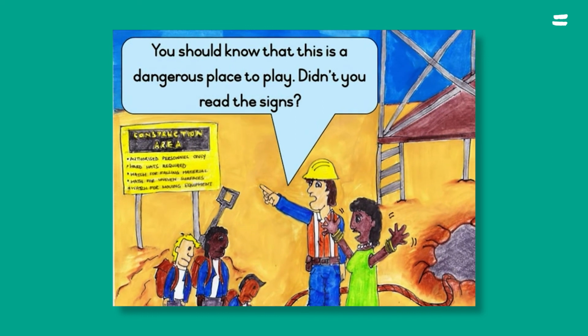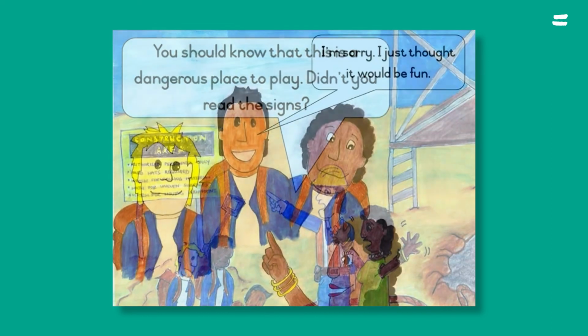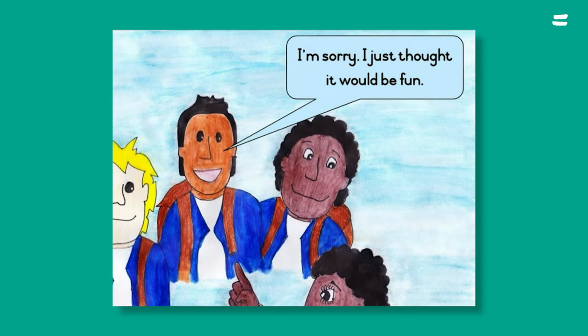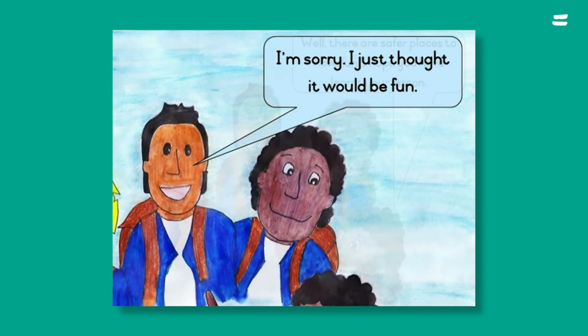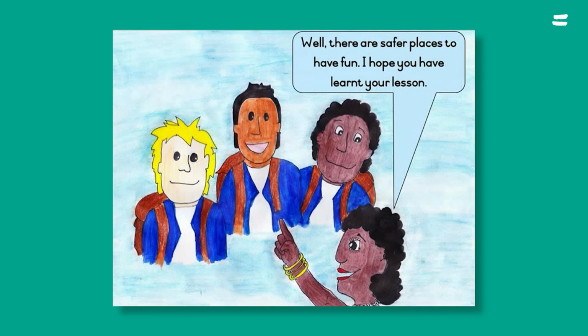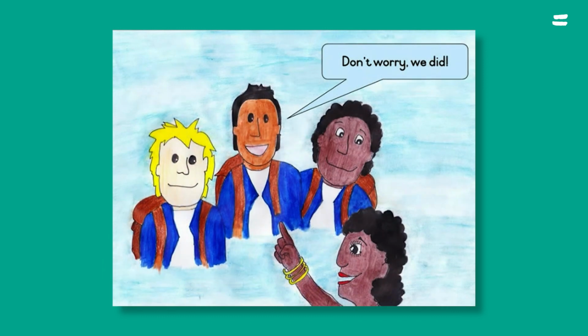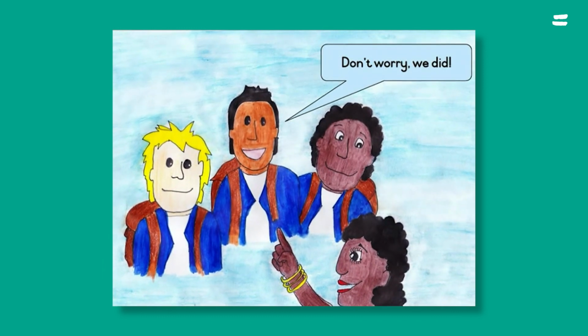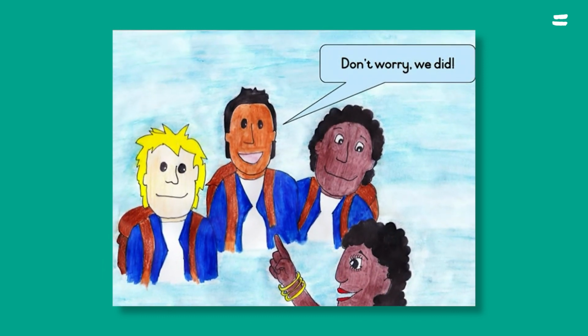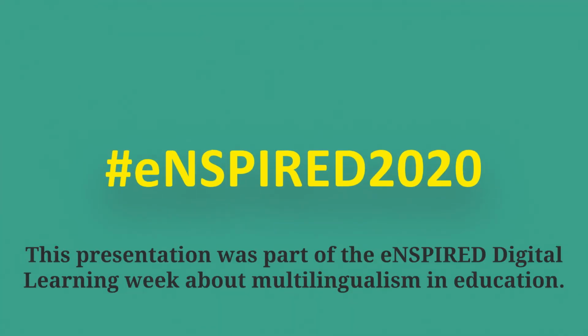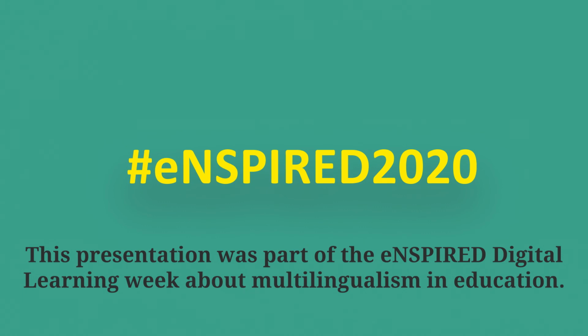Didn't you read the signs?" "I'm sorry. I just thought it would be fun." "Well, there are safer places to have fun. I hope you have learnt your lesson." "Don't worry, we did." Bye.